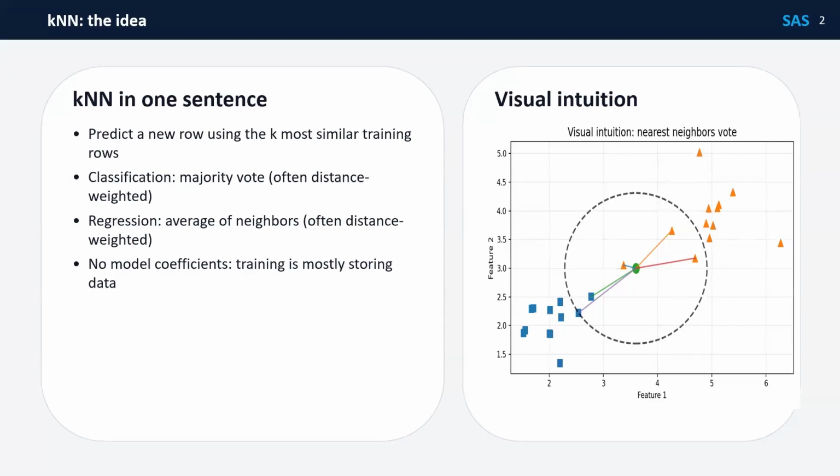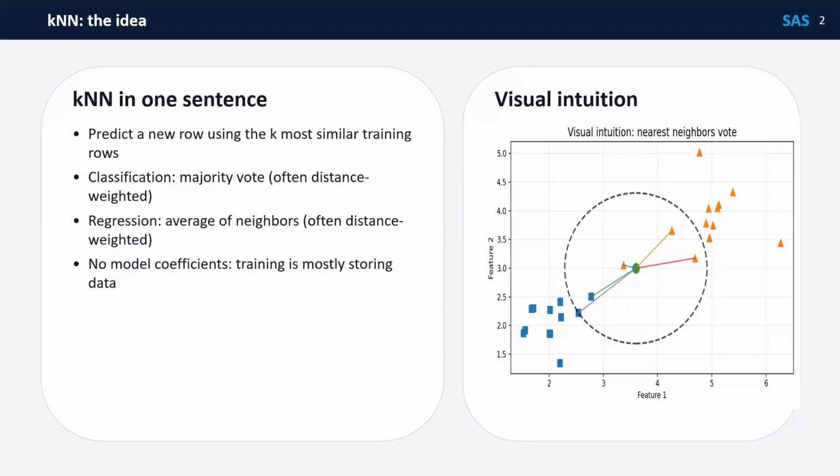If the outcome is numeric, we use an average. The neighbors' values get averaged. Sometimes we give closer neighbors more influence. You'll hear this described as distance weighting. The idea is simple. A neighbor right next to the point should count more than one that is further away.